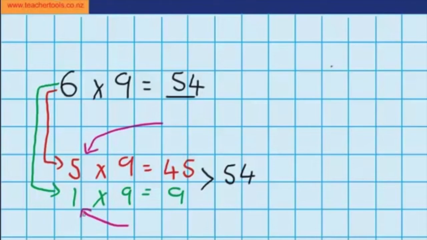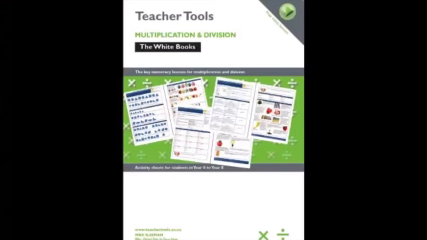So in this example here, I had to work out 6 groups of 9, and I started by working out 5, which meant I just had one more group to work out. And when you've done that, we add the numbers together. You can find the activity sheet that goes with this lesson in the Teacher Tools Multiplication and Division book from the White Book collection.